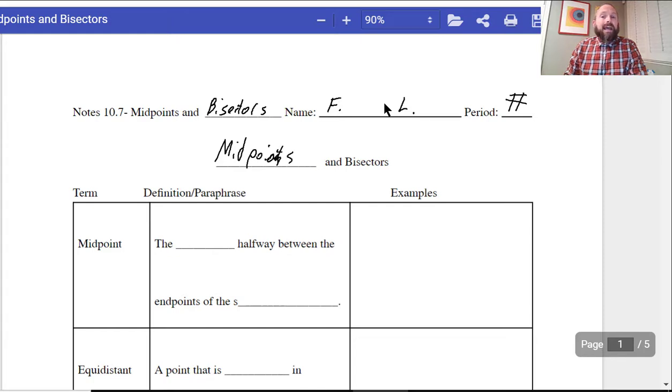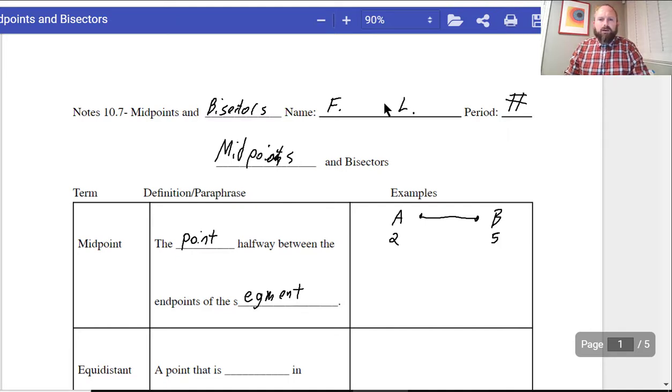A midpoint is the point halfway between the endpoints of the line segment. For example, if we have line segment AB, and A is at 2 and B is at 5, what's halfway in between?